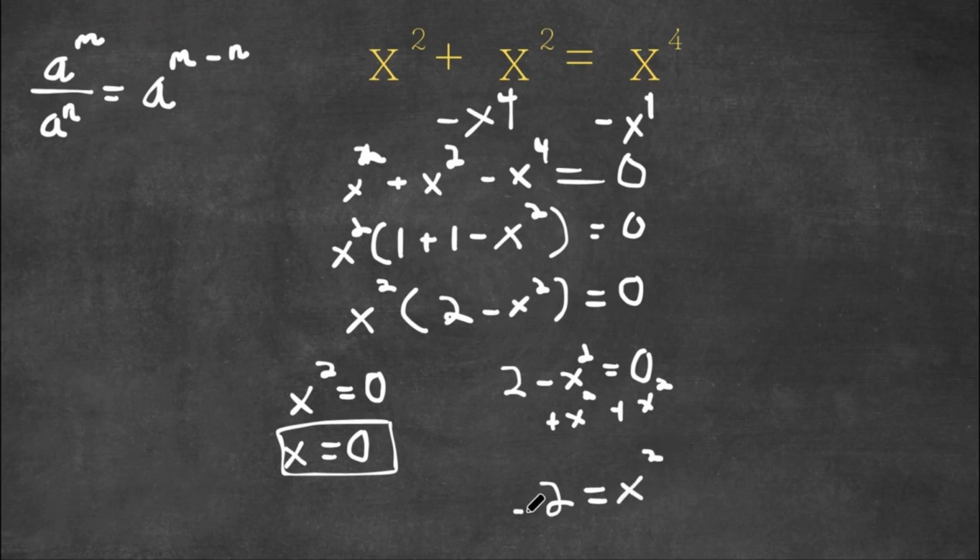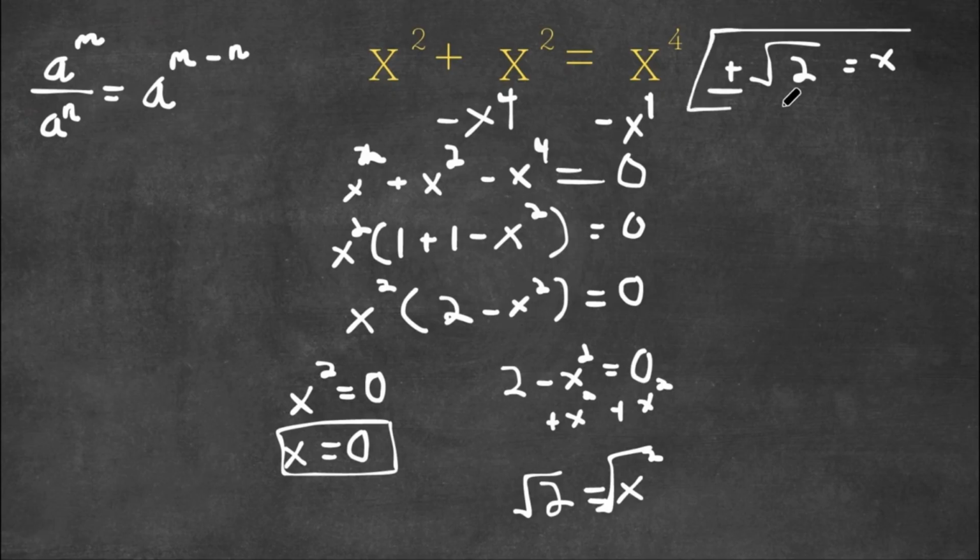And now if I take the square root on both sides, I get plus or minus the square root of 2 is equal to x. So these are two more solutions to this equation.